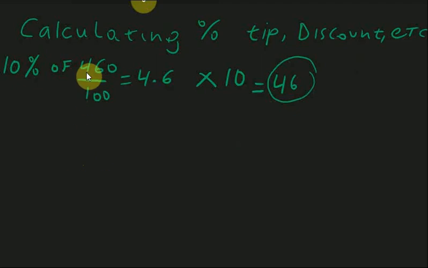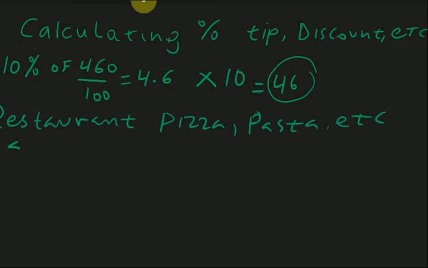So you will be paying 460 plus 46. If it is like a tax, the government tax, then you will pay 460 plus 46, right? If it is a discount, then you have to say 460 minus 46, right? So this is the answer, that's how you calculate.